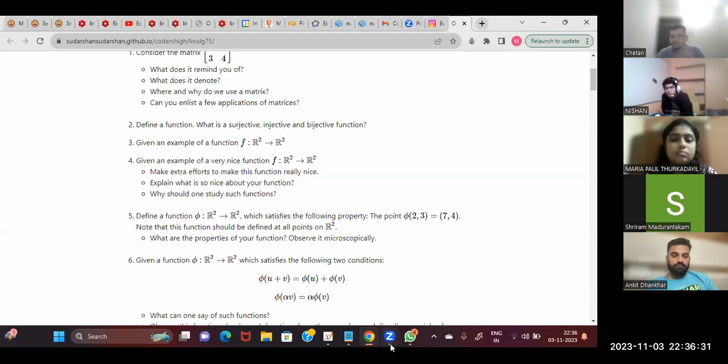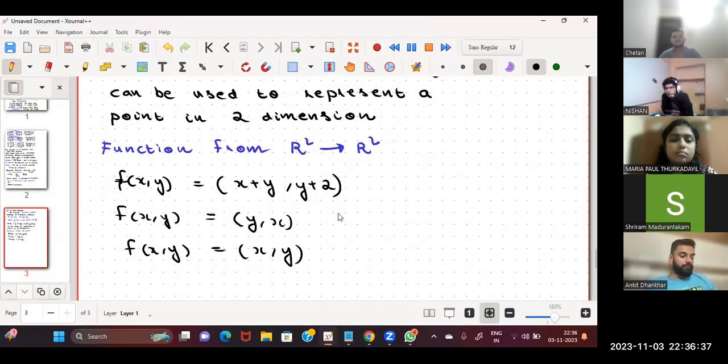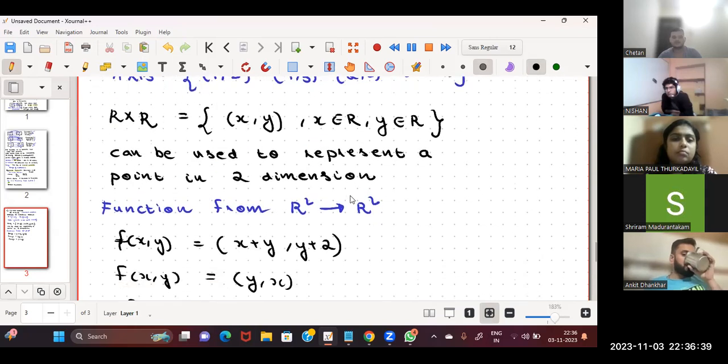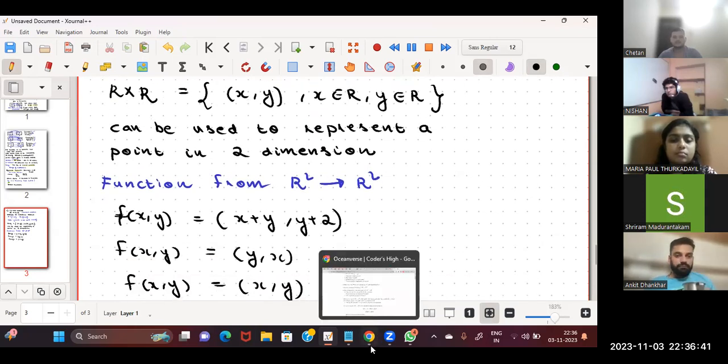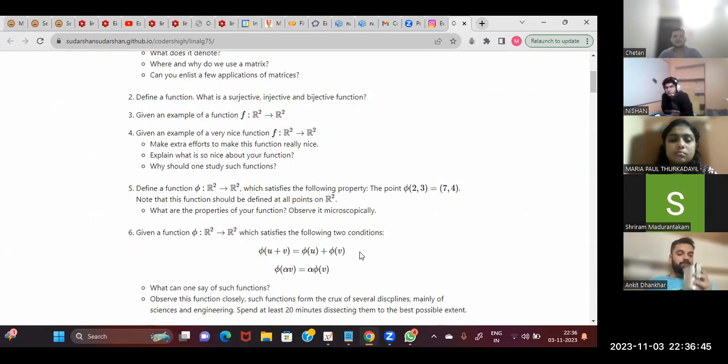So we have these functions. Now let's move to question number 4. It says: give an example of a very nice function. Explain what is so nice about your function. Why should one study such a function?